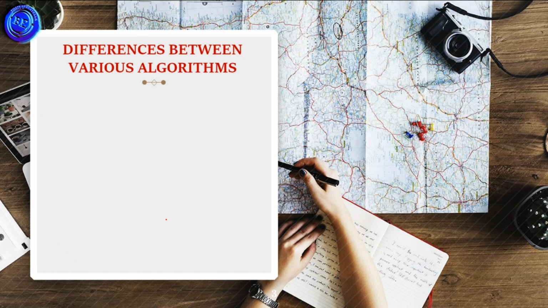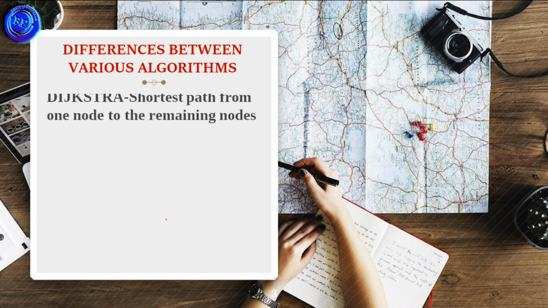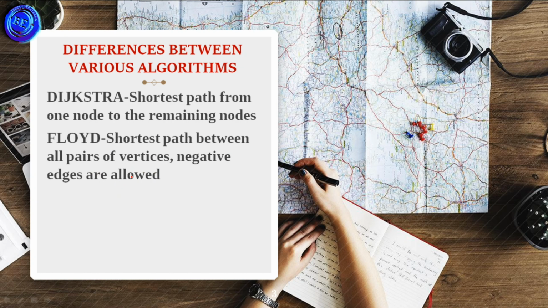Now let us discuss the differences between the various algorithms. As we discussed, the Dijkstra algorithm will find the shortest path from one node to the remaining nodes. In Dijkstra algorithm, we find the shortest path from one node only. But coming to the Floyd-Warshall algorithm, it will find the shortest path between all pairs of vertices, including negative edge values.